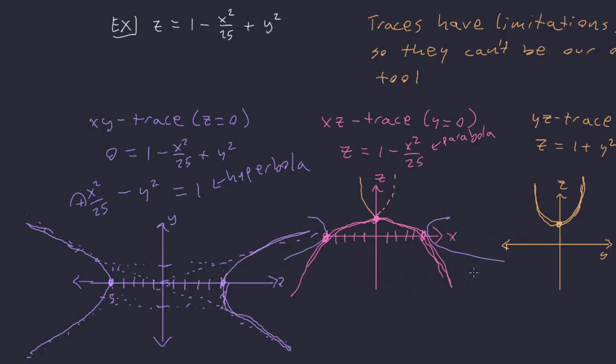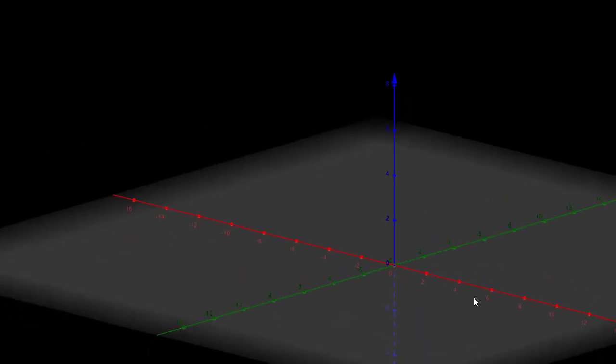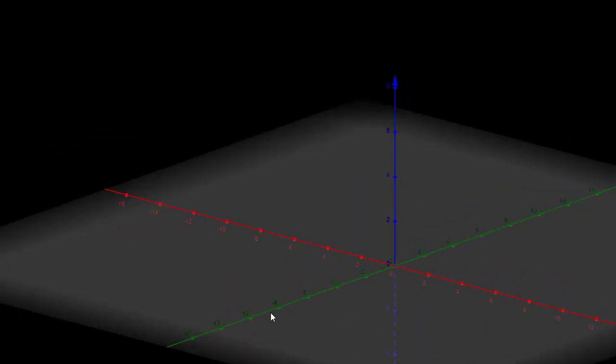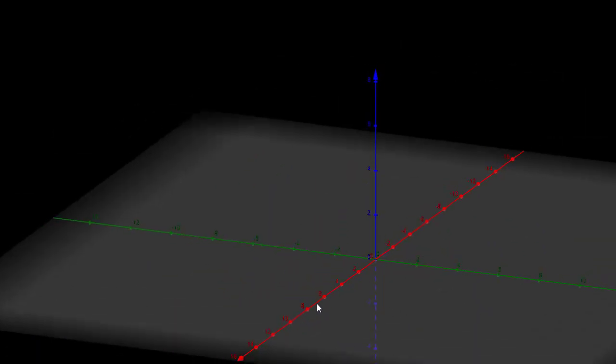So let's actually graph this on a 3D plane or a 3D box and see what we get. All right, so if we look at this on a graph here, let me get this. There we go. Positive X, positive Y, positive Z. Here is that hyperbola on the XY plane.